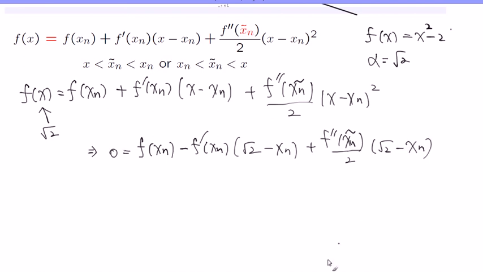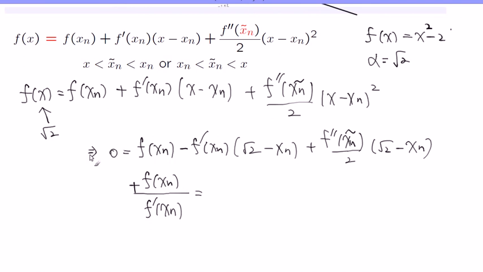Right? So since it's a 0, I'm going to move this one over there, negative f of xn, and divide by this coefficient, which is positive. Am I doing this right? Negative is a positive, right? Positive f prime of xn.